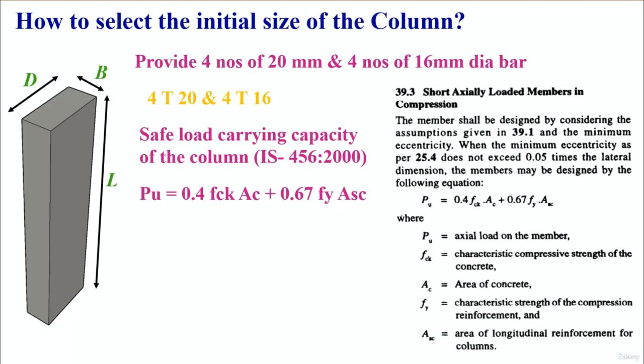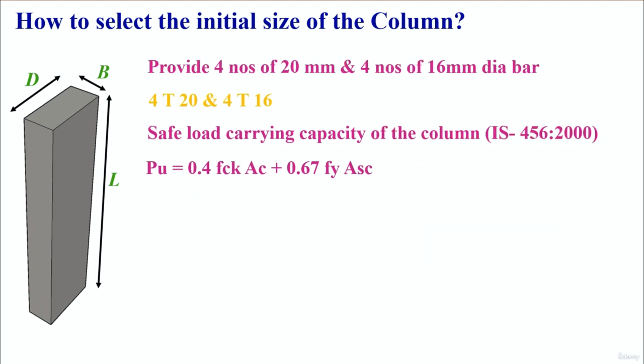Here Pu is the axial load on the member, fck is the characteristic compressive strength of concrete, and Ac is the area of concrete. fy is the characteristic strength of compression reinforcement, and Asc is the area of longitudinal reinforcement for columns. Grade of steel, that is the characteristic strength of compression reinforcement, is 415 Newton per millimeter square.